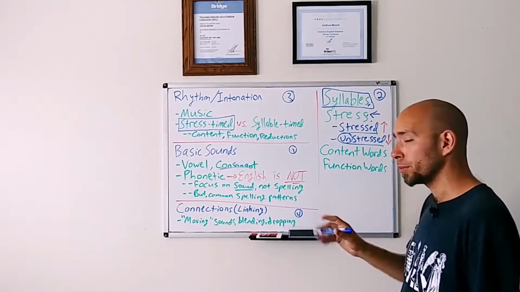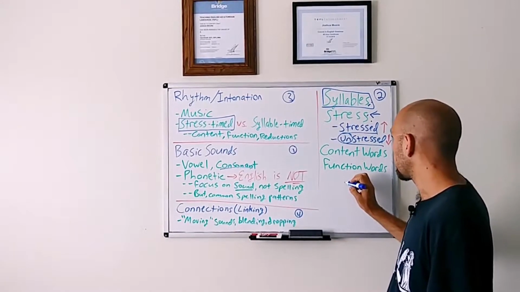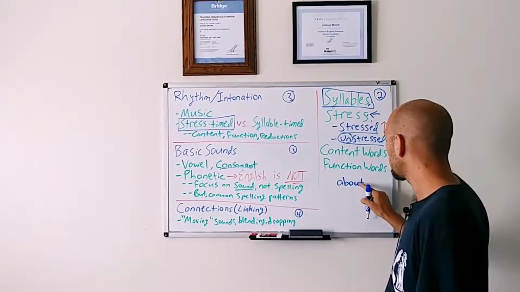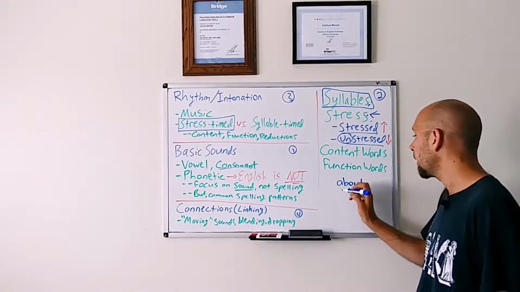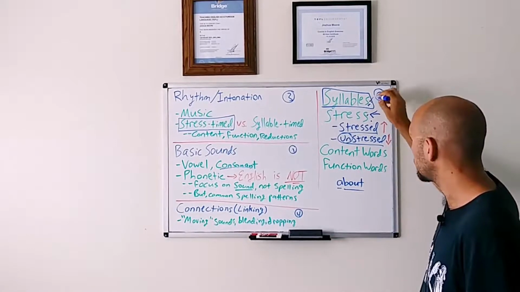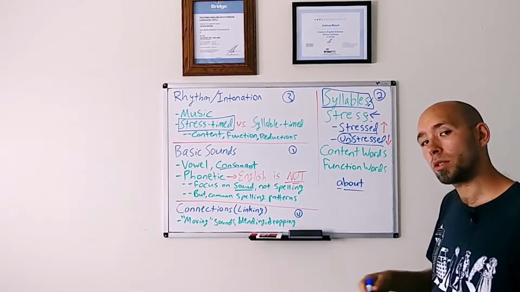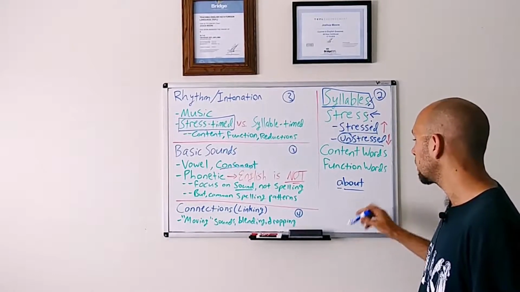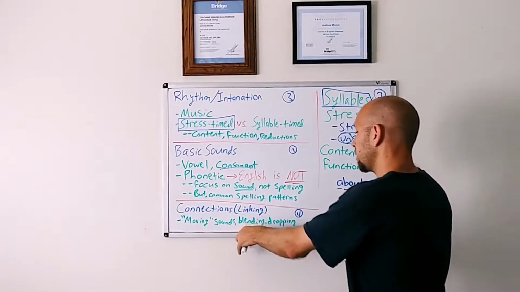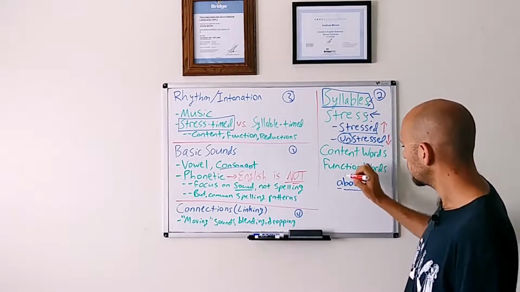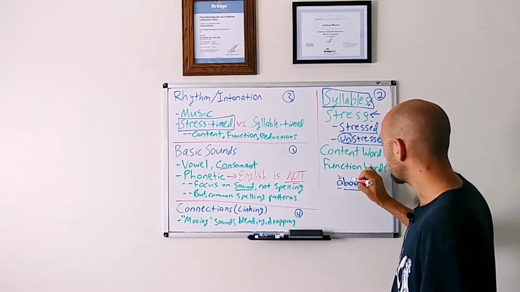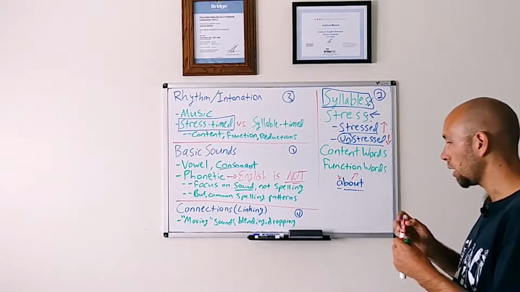So for example, in the word about, it's very poorly written, we have a and bout. So we have our 2 syllables, so syllable check. Now the stress, what's the stress? In this case, and get my red marker here, a is not stressed, it's going to go down, and bout is going to be stressed, it'll go up, right?